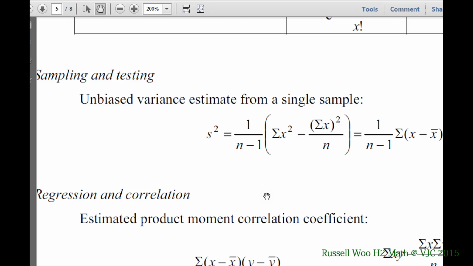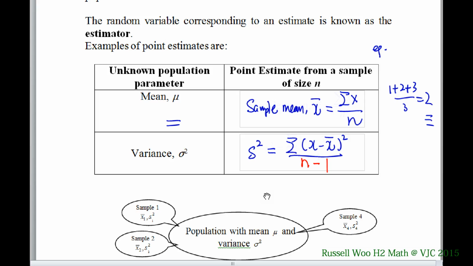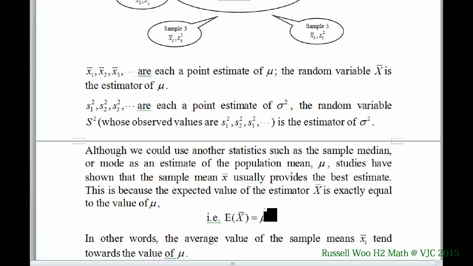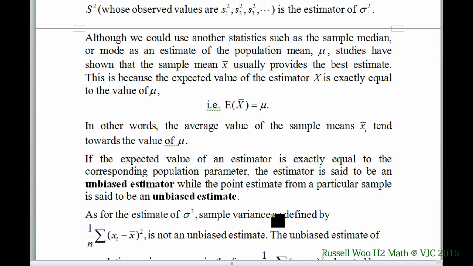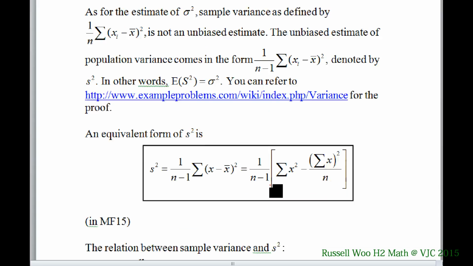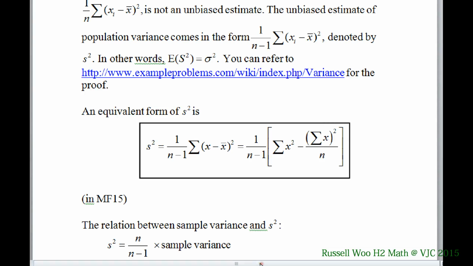Follow what I'm saying? So make a distinction. Okay? So the rest, you're okay, go and find out. This one is given in MF15. This is the unbiased estimate of the population variance.